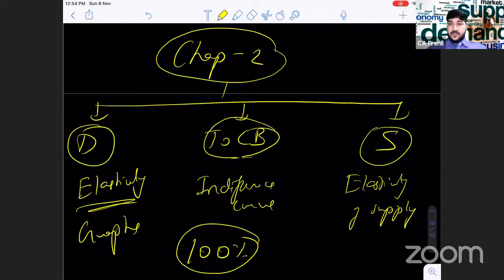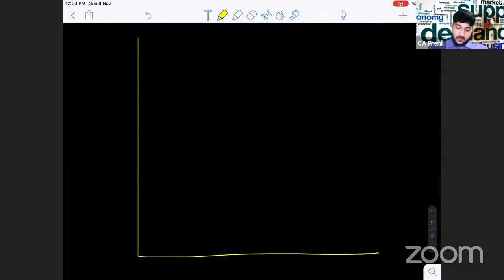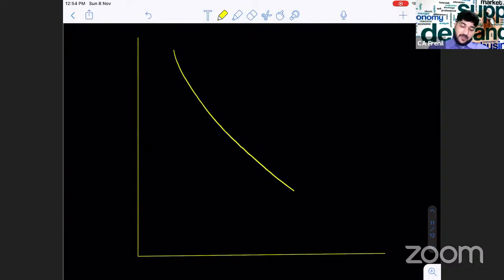Yes, Vish Joysa, your question I will address. Can you please explain again how the law of marginal utility affects the demand curve? See, the demand curve, we have seen that it slopes downward to the right.